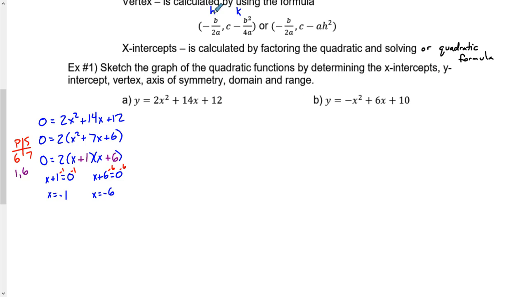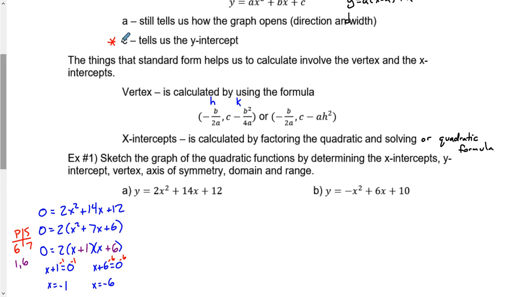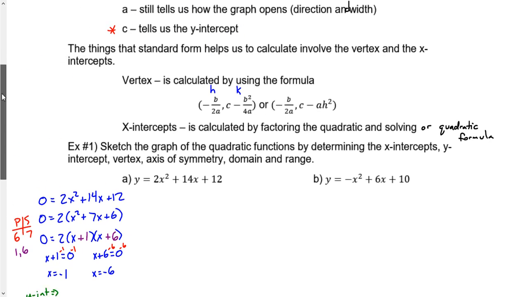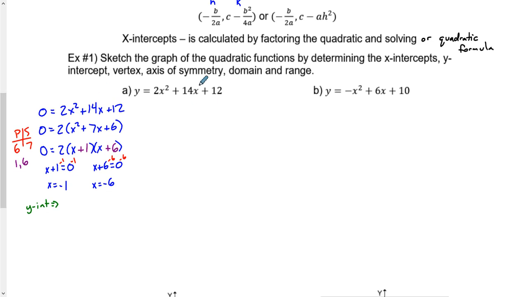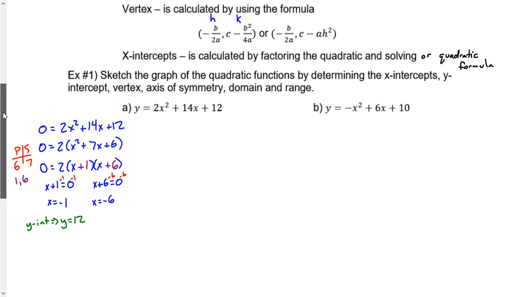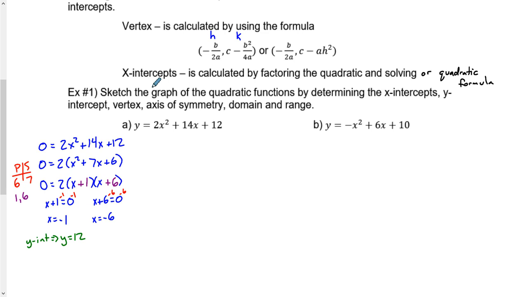Our y-intercept, as I had stated before and above, the y-intercept is just whatever our c value is. In this case, it's 12. We'll also calculate what our vertex is. Our vertex is calculated by using this formula.